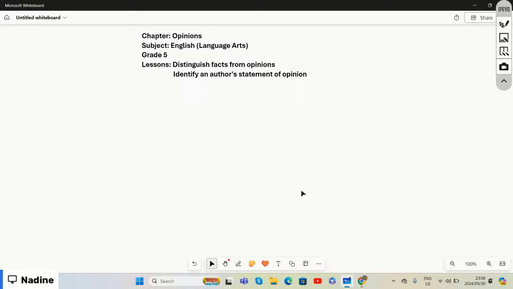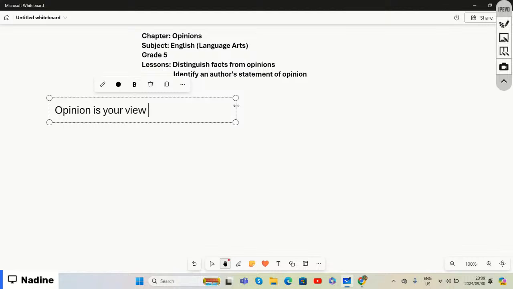So we can also say that when it comes to opinions, then opinions is basically your view on something, or it can even be like some form of judgment that is formed about something. So that is opinion. So we can say opinion is your view on something, or even your judgment.